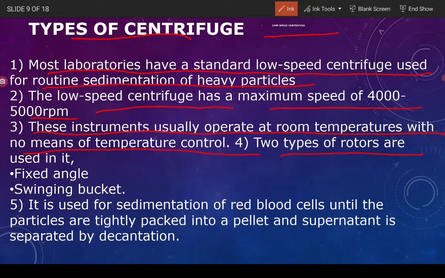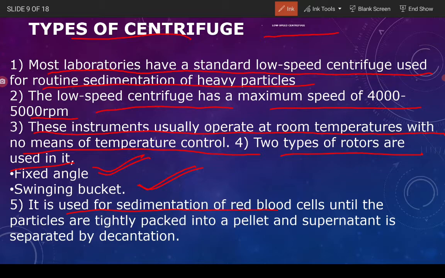Two types of rotors are used in it, fixed angle and swinging bucket. These low speed centrifugation machines do not produce much heat while moving, right? Because their RPM is very low, they do not produce much heat, so they don't have any kind of temperature control mechanism. And they have two kinds of rotors, fixed angle or swinging bucket.